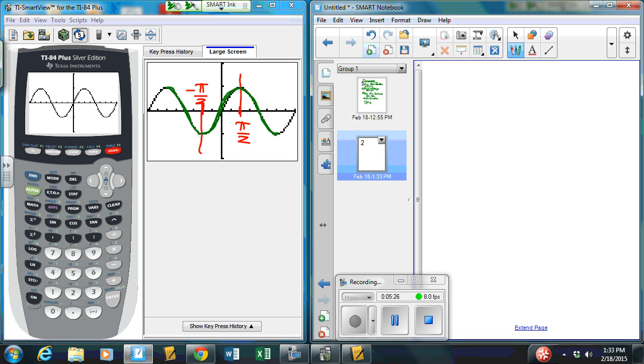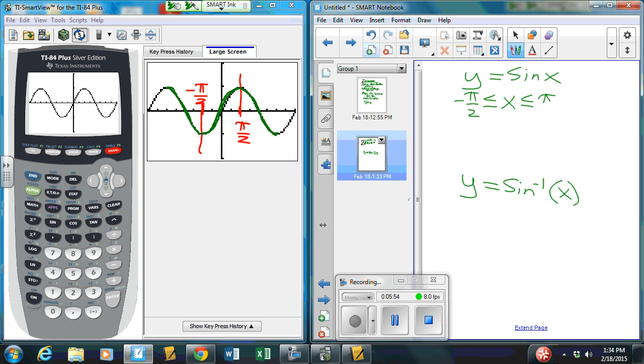So let's say you have this function, y equals sine of x, and the function y equals sine inverse of x. Going back to sine of x, x can be any angle between negative pi halves and positive pi halves.